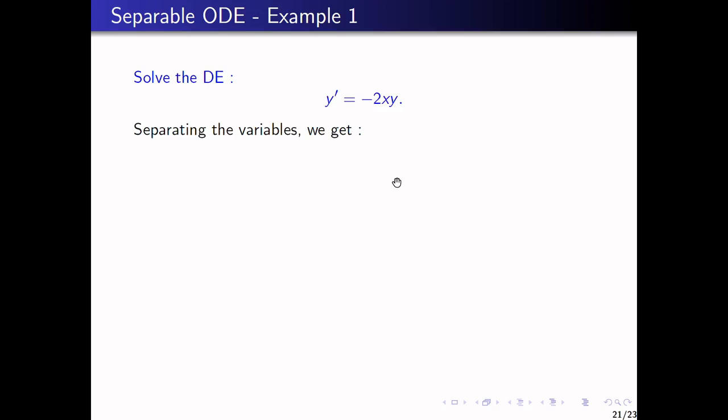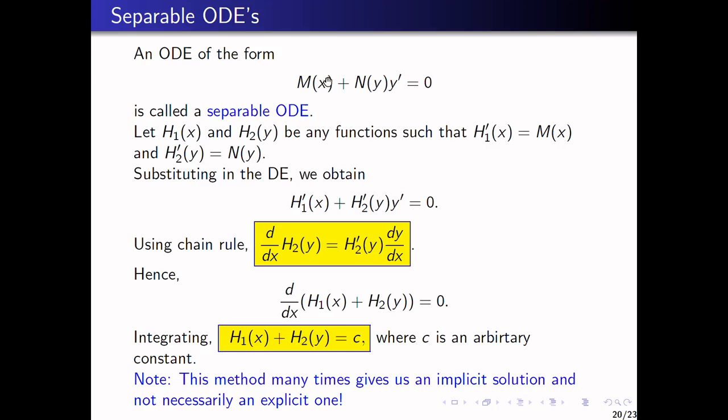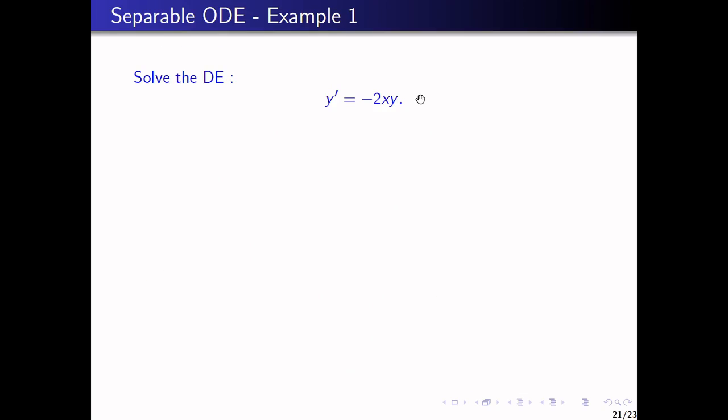That is what we wanted in the previous method. m(x) is a function of x only and n(y) is a function of y only. Then we can solve it. So we arrived at that expression like the previous slide. So this is a separable ODE, and the functions 1 by y and minus 2x are very nice functions.